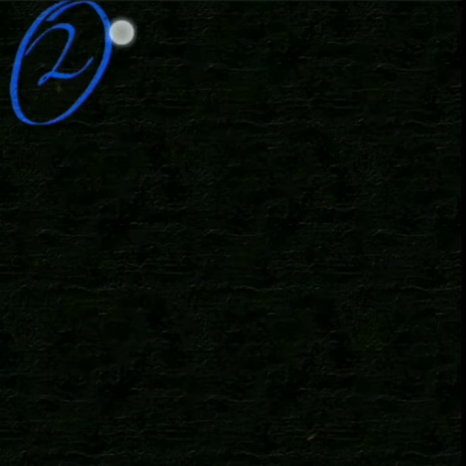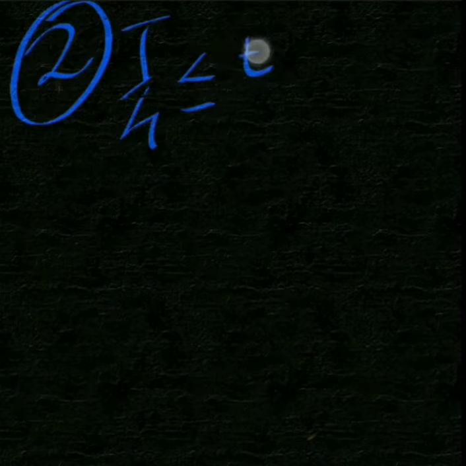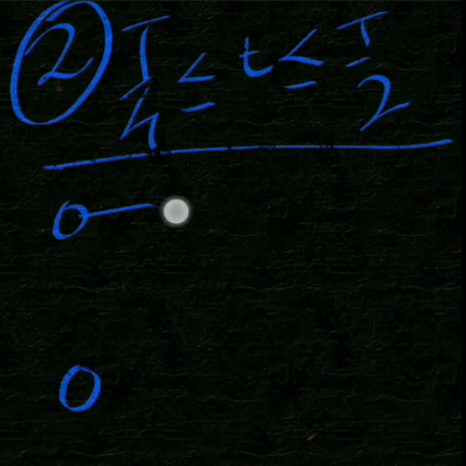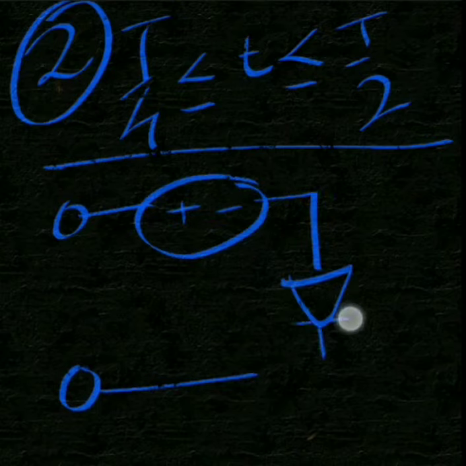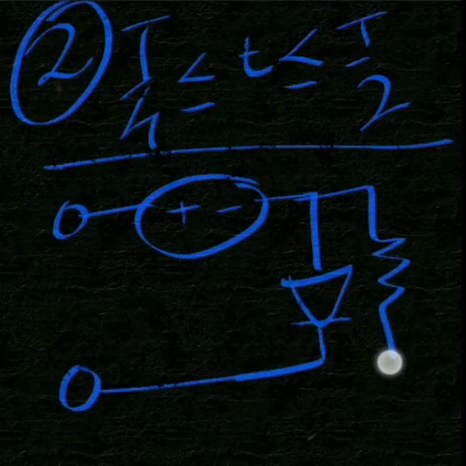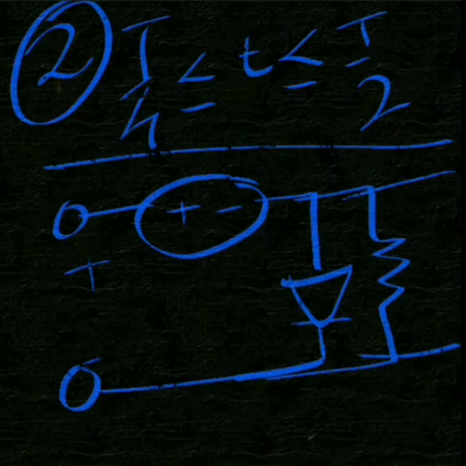Next, from T/4 to T/2, the capacitor will now act as a voltage source. Now the diode seems to be in forward bias, but we have to determine this. Here is Vm, here is Vin.